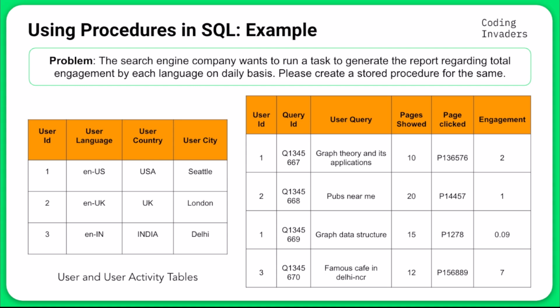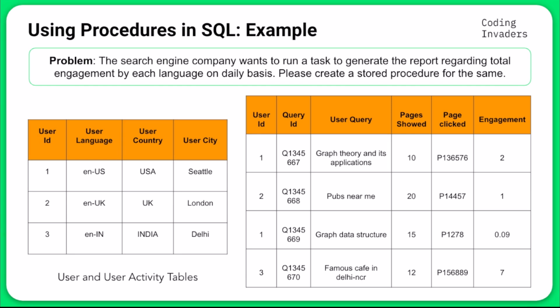The user table gives us the information about the user and the user activity table gives the information about the user's activity. For example, user ID 1: his user language will be US, user country will be USA and user city will be Seattle. Now when we see his activity, for user ID 1, we have a query ID.